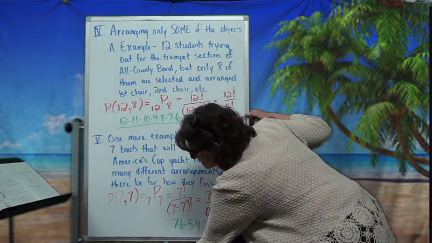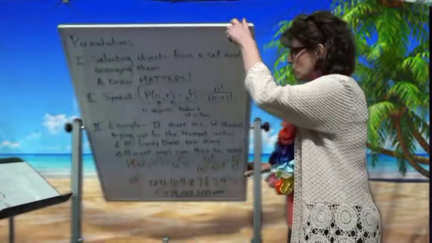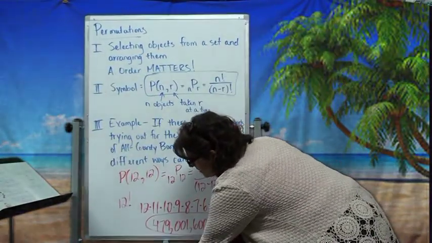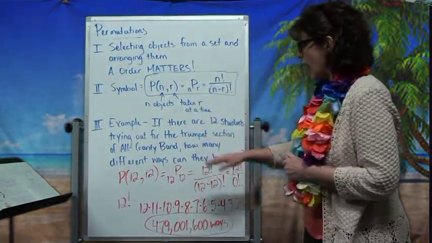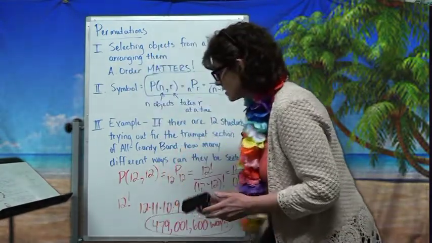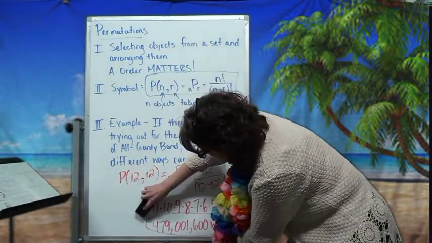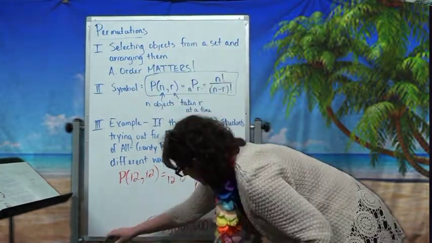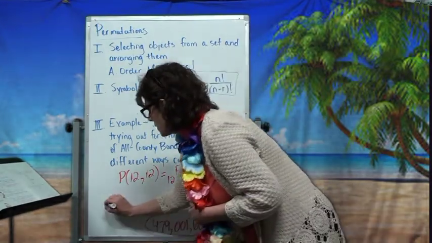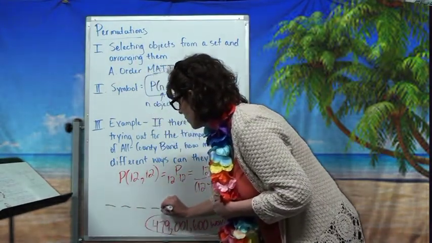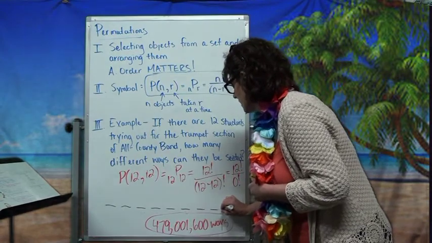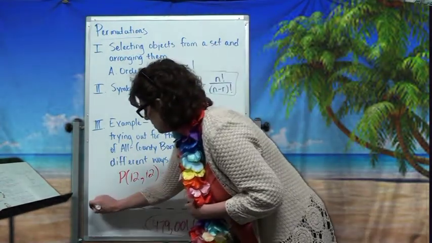If we go back to each of these examples, in this example, I had 12 slots to fill. So instead of doing it this way, I could just say, here are my 12 slots to fill, because I've got 12 chairs. Whoops, I'm making them too big.